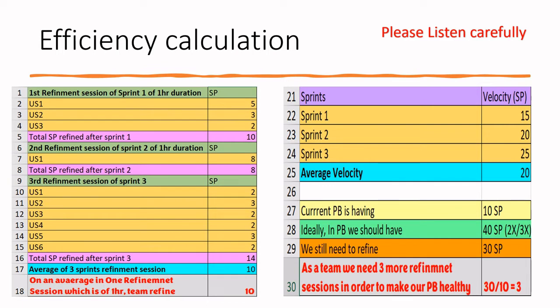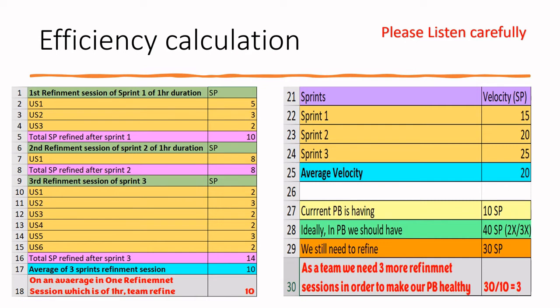Ideally, if you want to have your product backlog more healthy, your product backlog should be refined 2x. That means the average of your velocity into 2 or 3. Again, the average velocity for my team is 20.